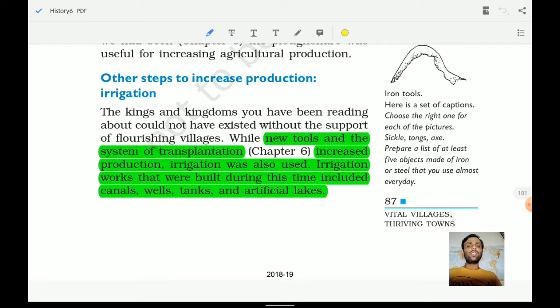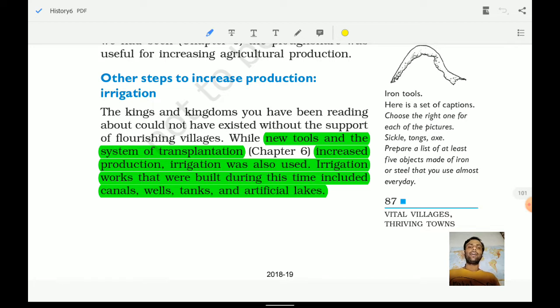Irrigation was one of the important methods which helped to increase the production, apart from the iron tools. The new tools and the system of transplantation increased the production. Irrigation was also used.